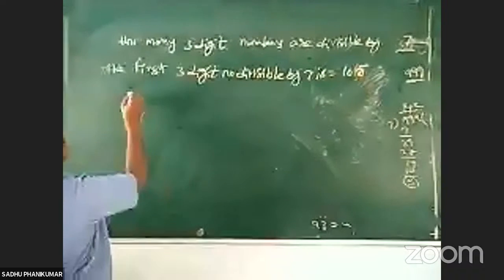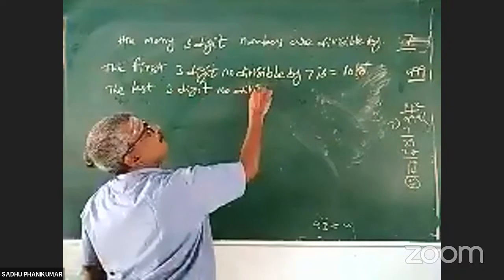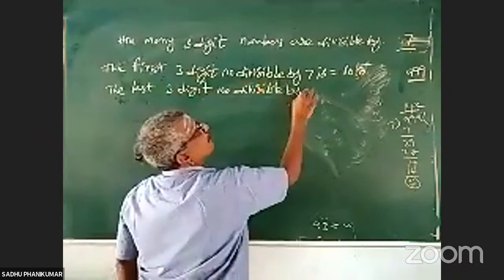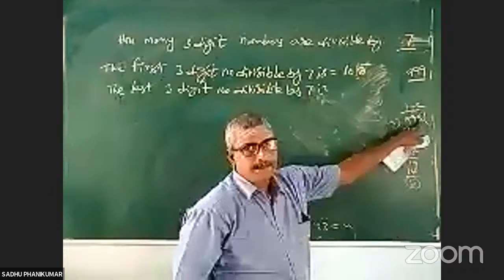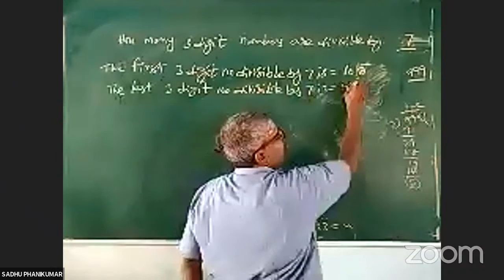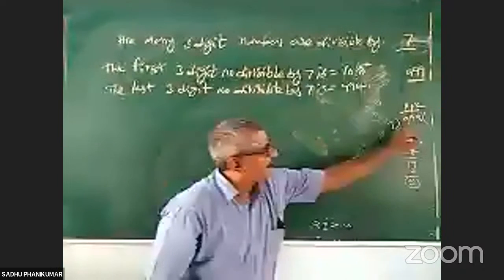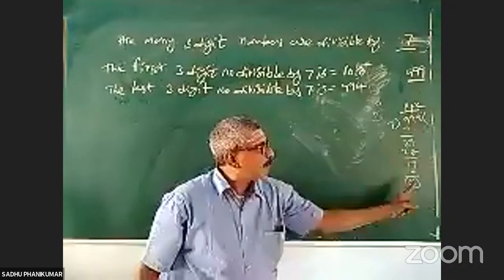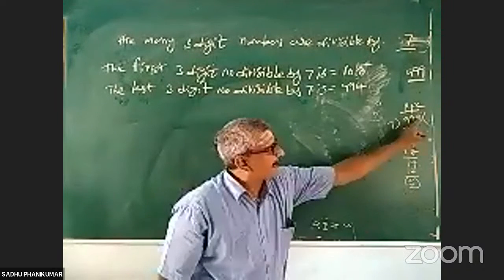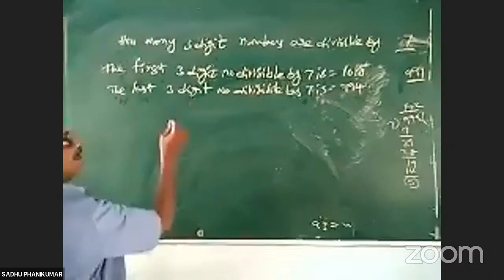The last three-digit number divisible by 7 is, as we discussed, 5 less than 999. 999 is the biggest three-digit number, and from this, 5 is the remainder, so I subtract 5 from it. That gives 994.